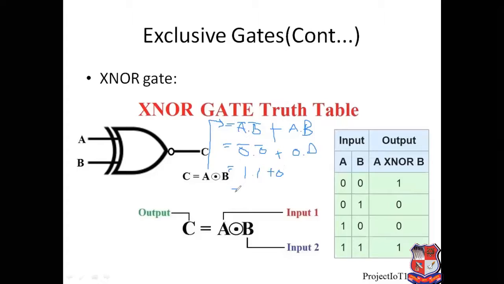So 1 into 1 is 1 plus 0 as it is. So 1 plus 0 is nothing but 1. So if you are putting both the values 0, 0, then your output should be 1. Now we will check putting value 0, 1.